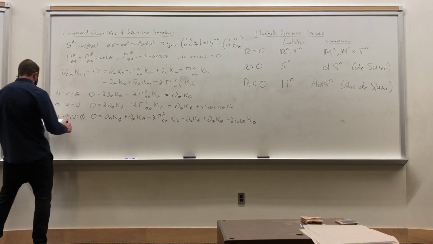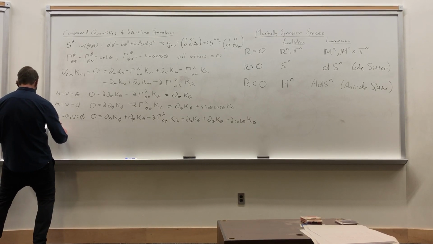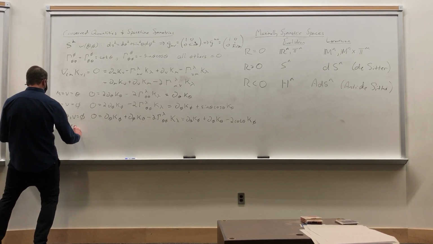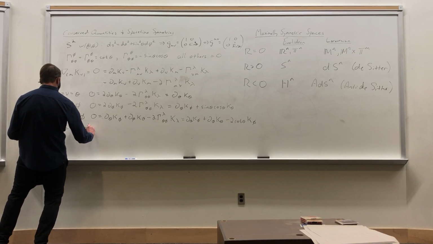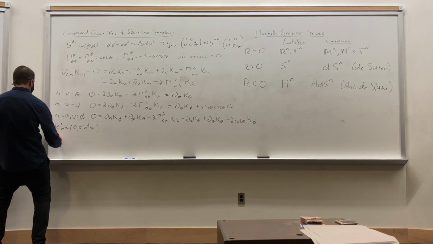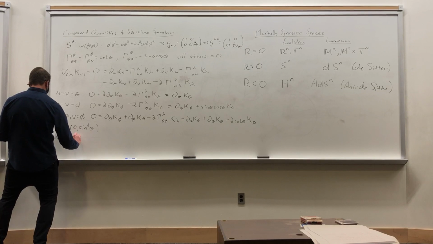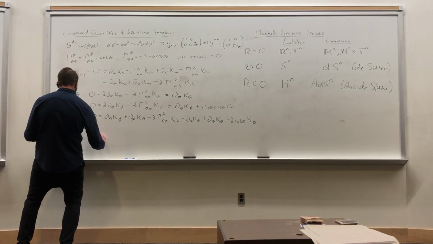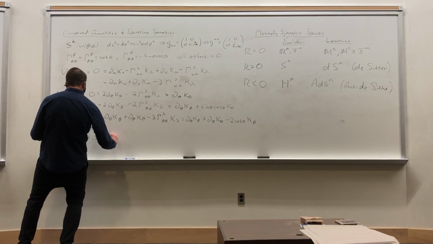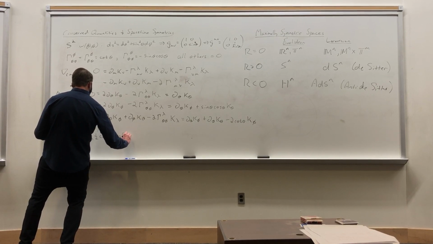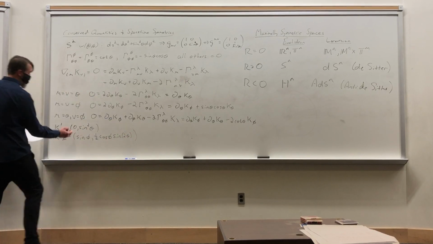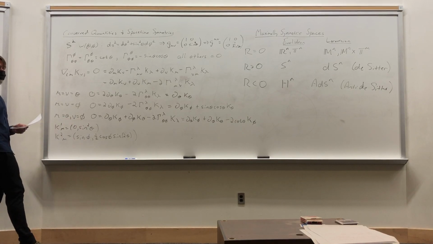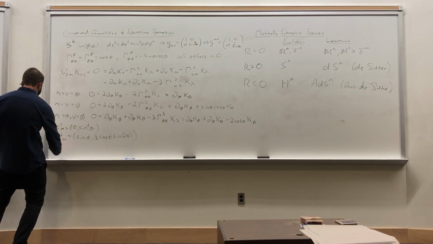So here we go. Here are our solutions. K1 mu is 0, sine squared theta. K2 mu is sine phi, 1/2 cosine phi times sine of 2 theta. I'm giving you the theta phi parts of each of these vectors, or dual vectors actually.